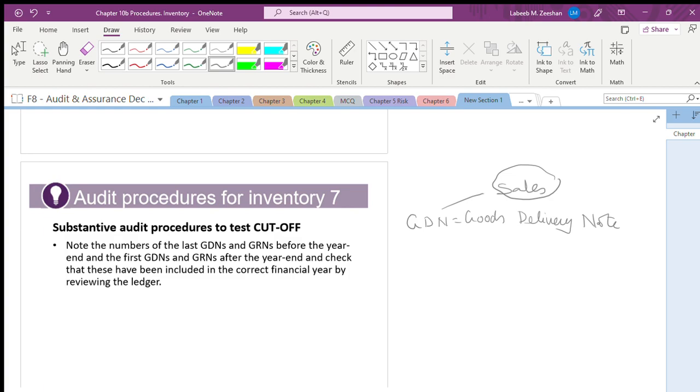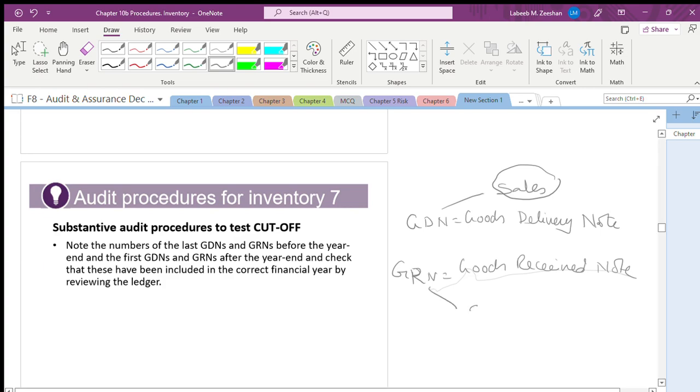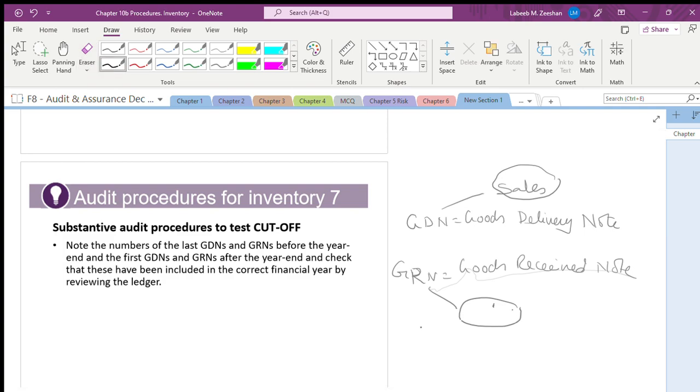You have another one we call GRN, goods received note. This is related to purchase.